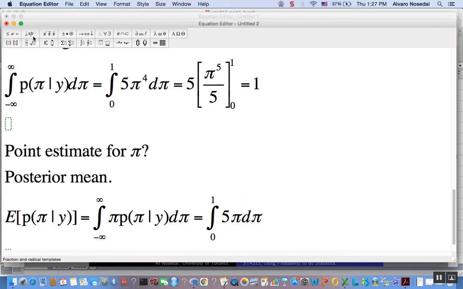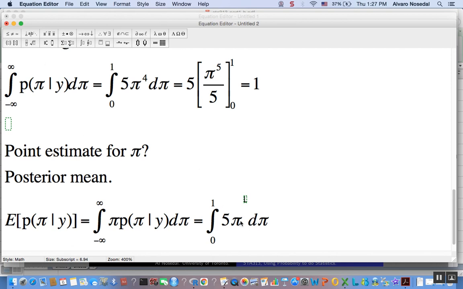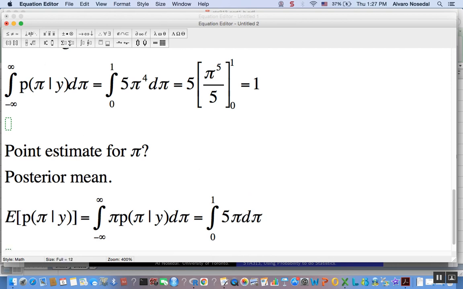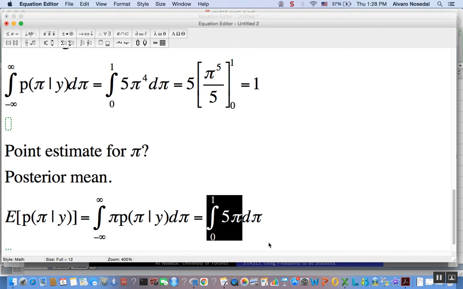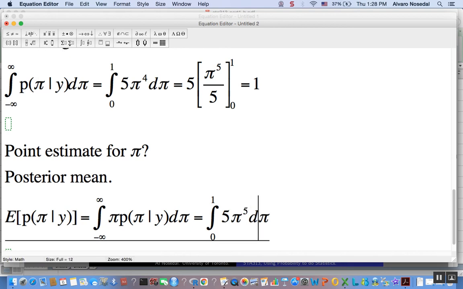So once you do the calculation, it's going to be just 5 times pi to the sixth divided by 6, and we're going to be evaluating in this interval 0, 1.